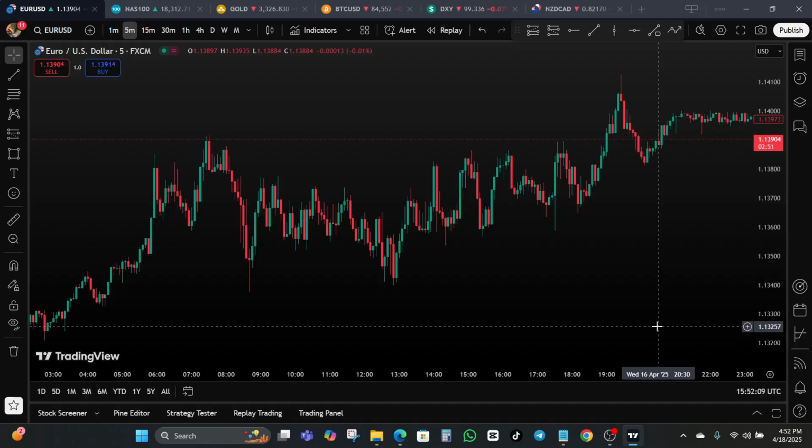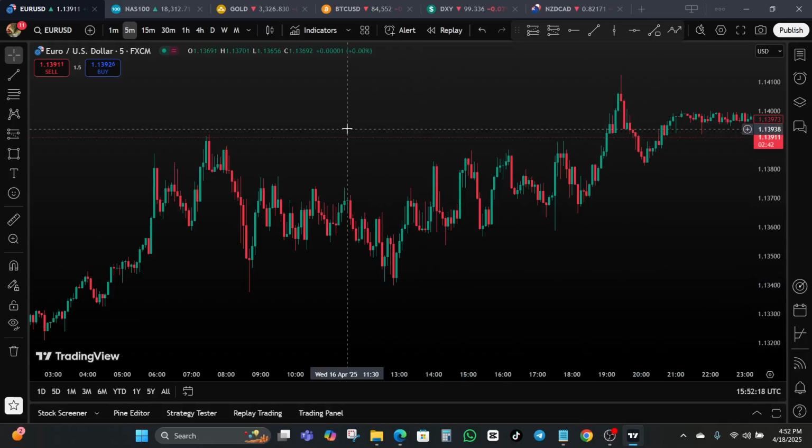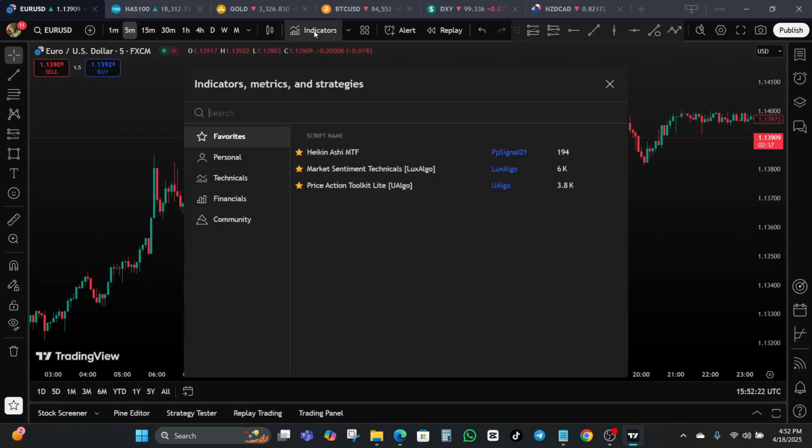In this particular video, we are just going to be diving deep into a tool that has been catching a lot of attention lately, and that is the Echo Forecast TradingView Indicator.